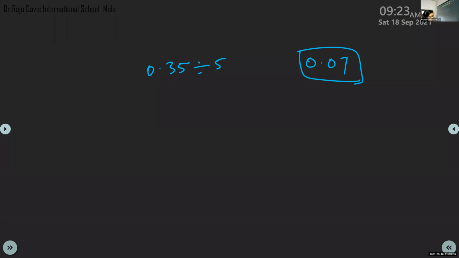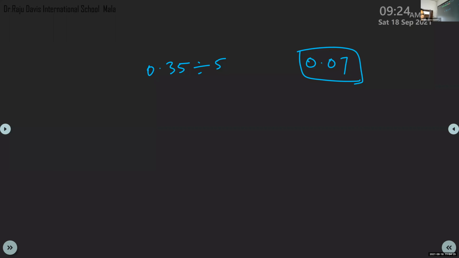Rihan, what is the step? Tell me, how did you do it? You told me 0.07 is the answer. How did you get it? What do we have to do first?